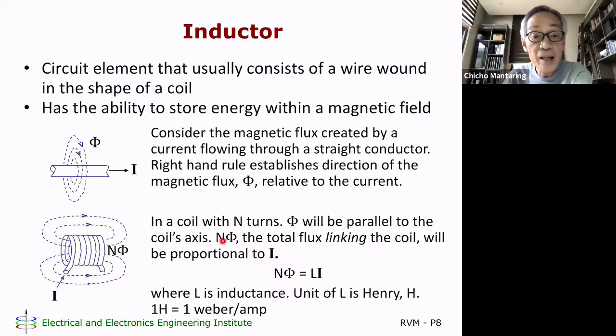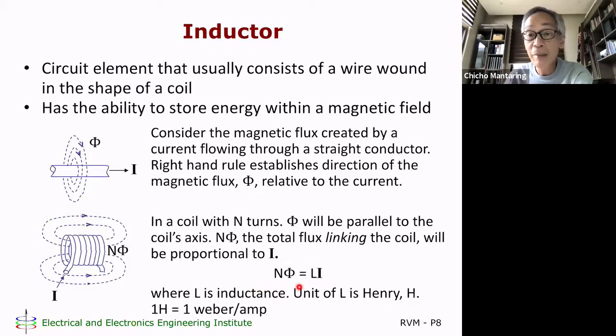And N phi, the total flux linking the coil, will be proportional to your current I. And the constant of proportionality is your inductance, L.